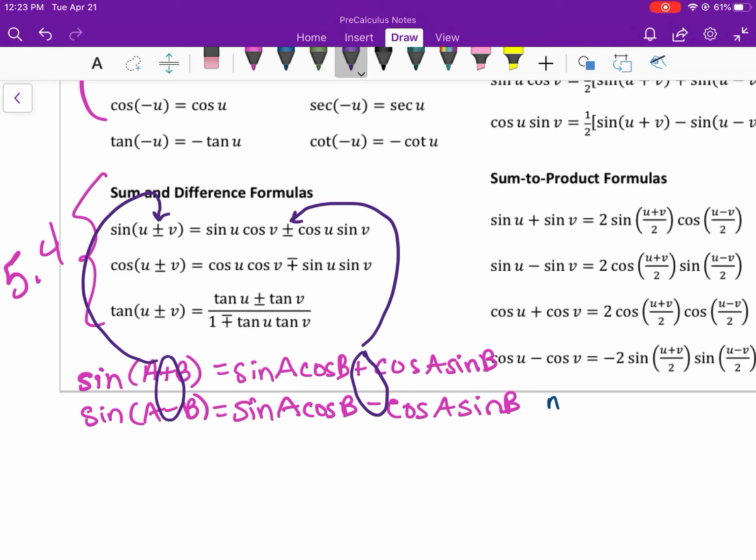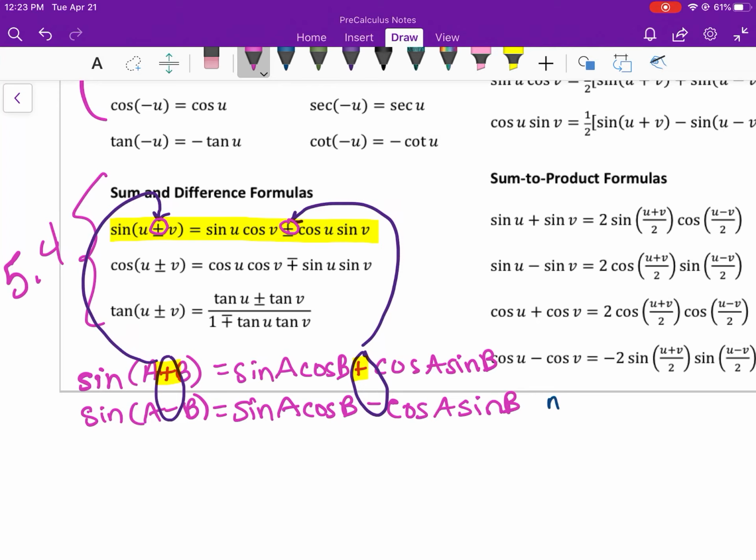You would have pluses for both. Basically here and here. So if I wanted to find sine of A plus B, I would use this formula, but I would only pay attention to the plus sign. Sine plus, the plus is the top sign, the plus is the top sign here.